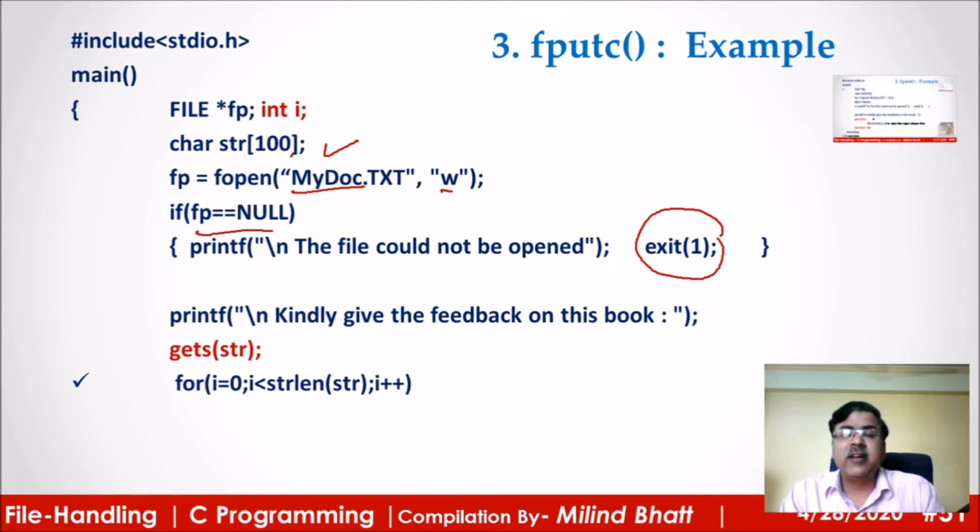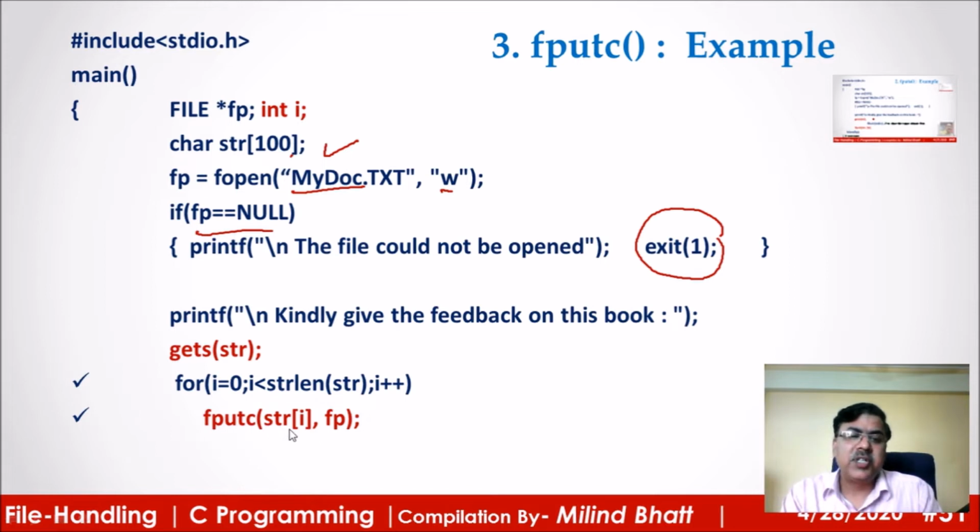So I will take a loop whose strength will be up to the size of my string, meaning strlen of str, and then I use fputc of str[i], fp, to store the character on the file.